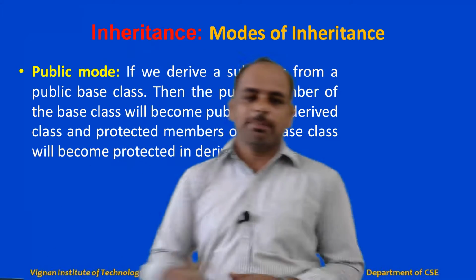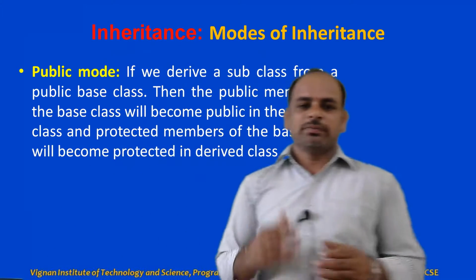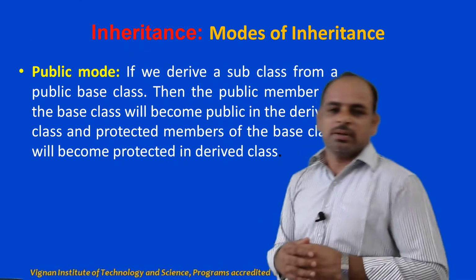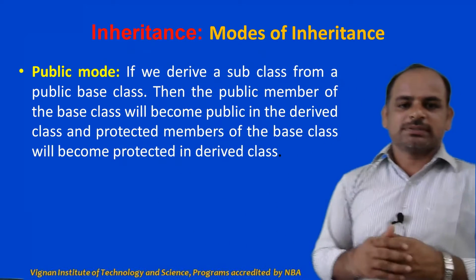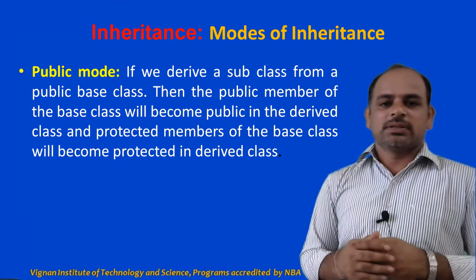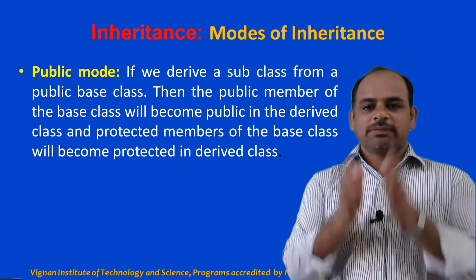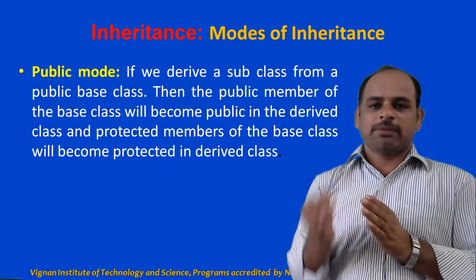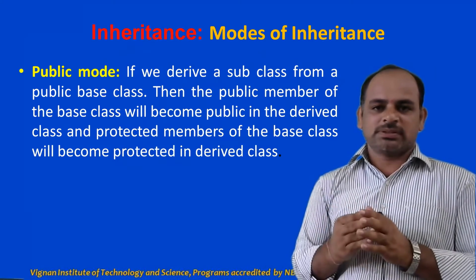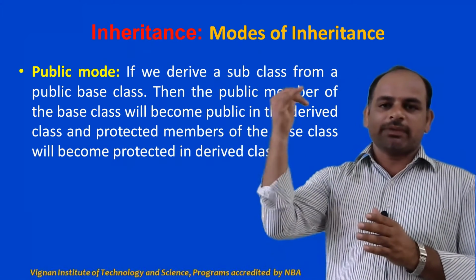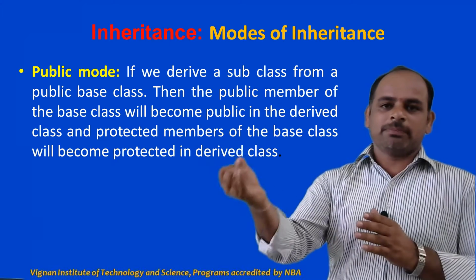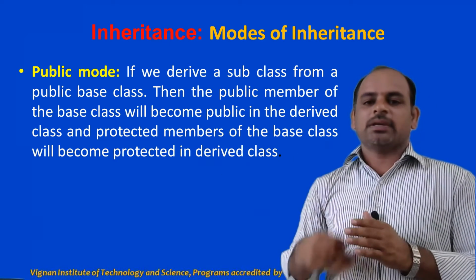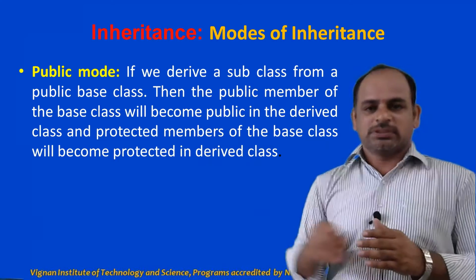See, what will happen when we derive a child class in public mode? You can see in this example, if you derive a subclass from a public base class, then all the public members, because every class will have three categories of members: public members, private members, and protected members. Suppose the base class is having public, private, and protected members. What will they become when they are derived in the child class?